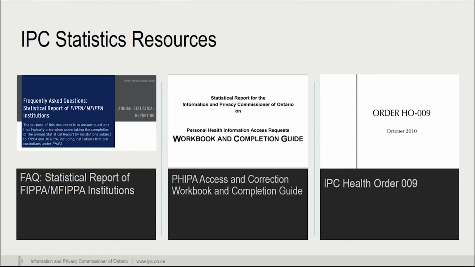This order is available under the Decisions section. When you go into the search engine, you can put in Health Order Number 9, and it will populate. Pages 20 to 25 are the pages that focus on the recommended fee guidelines.